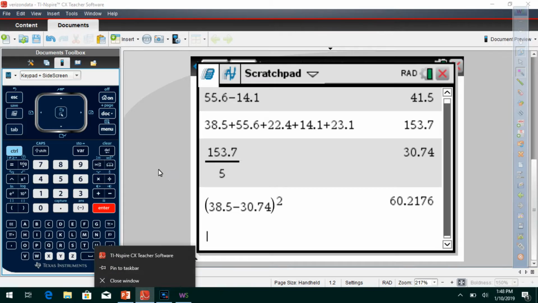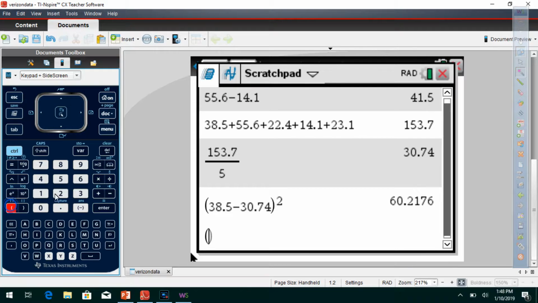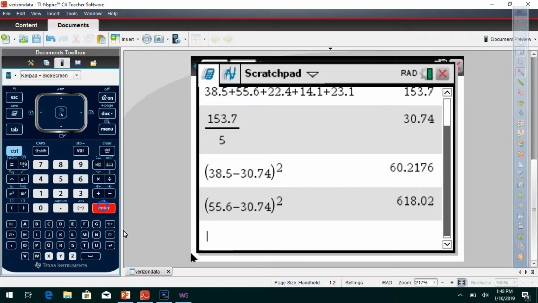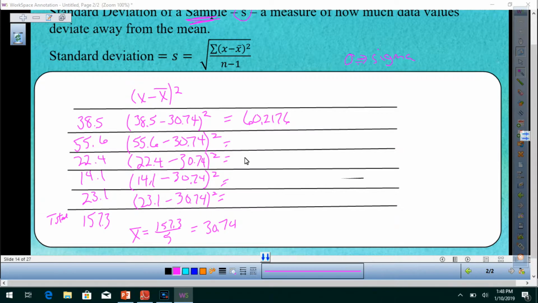The next one, 55.6 minus 30.74 squared, is 618.02.